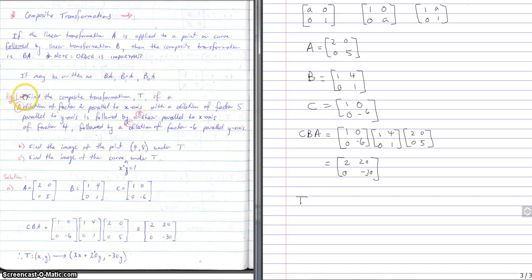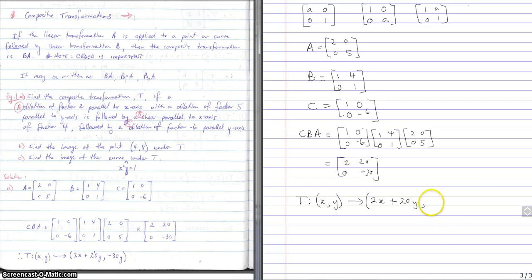Our first part of this question is to write the composite transformation. So T, as a transformation, changes any point x, y into here. So this is 2 times x plus 20 y.